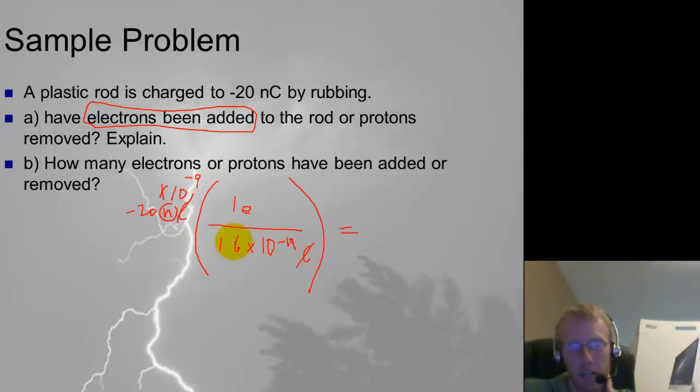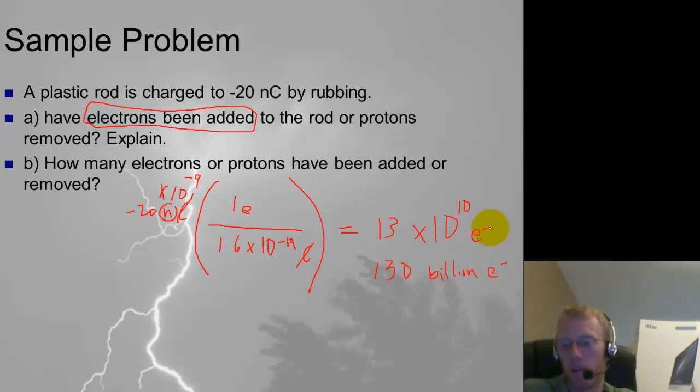And then type this in your calculator. I'm not actually sure what it equals, and I don't have a calculator here handy. But 20 divided by 1.6 is probably like 13 or something. And 10 to the -9th over 10 to the -19th is 10 to the 10th electrons. So 13 times 10 to the 10th, that's 130 times 10 to the 9th, 130 billion, roughly. This is a crude estimate.